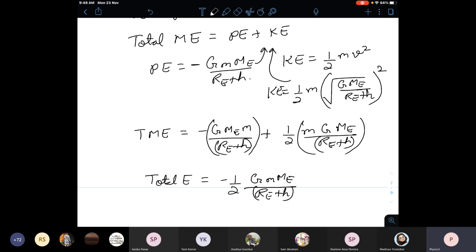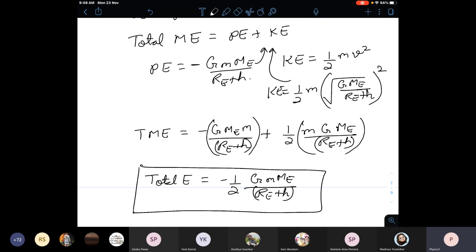This is a result which, if you can remember it, just remember it, not very important. You can write it anytime, it is very simple. It is just like the formula of potential energy but multiplied with minus half, that's it.